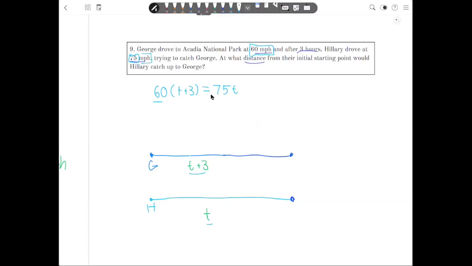And now we can just solve this equation. We get 60t plus 60 times 3, or 180, equals 75t, which means that 15t is 180, or t is 180 divided by 15, or 12.